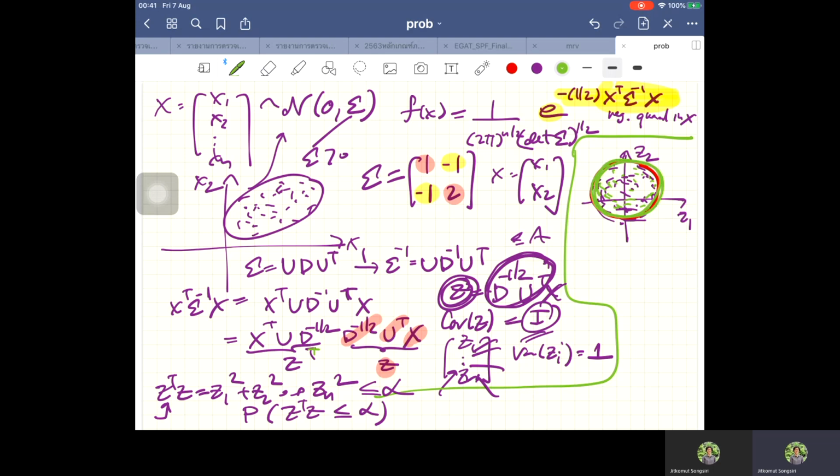On the other hand, I can also come up with a question: if I want to cover this scatter plot with a probability of, not alpha, with a probability of 0.9, for example, what would be the radius of that coverage? Let's say if I want to cover this scatter plot of Z with a probability of 0.9, can we determine this alpha?